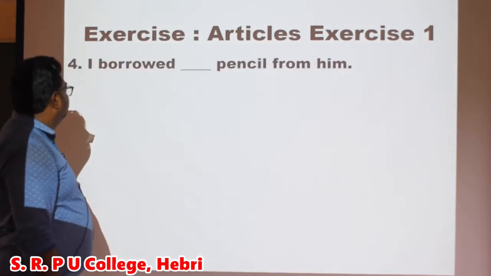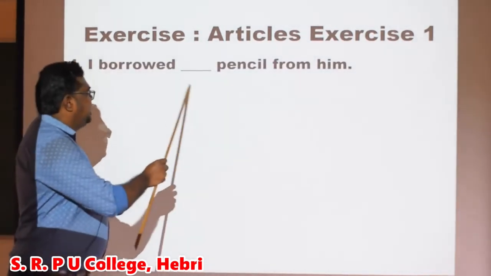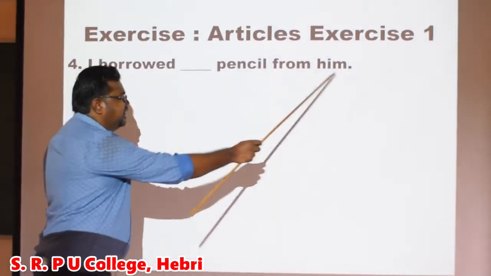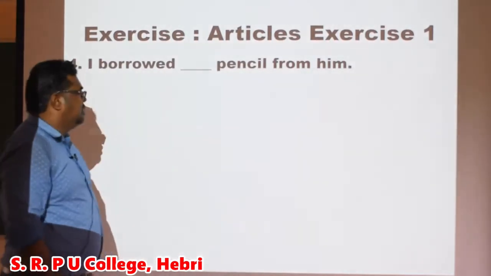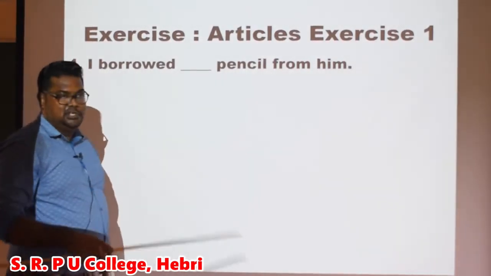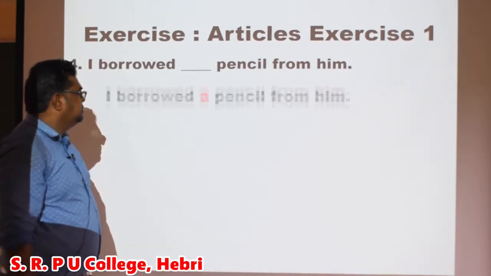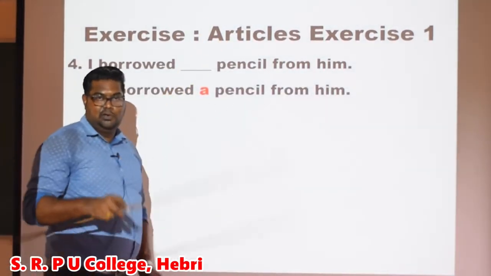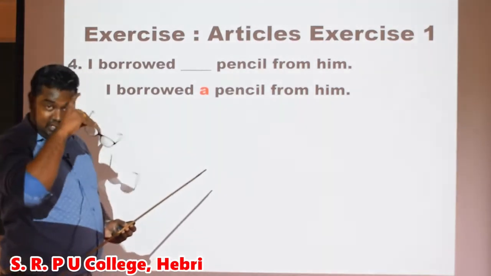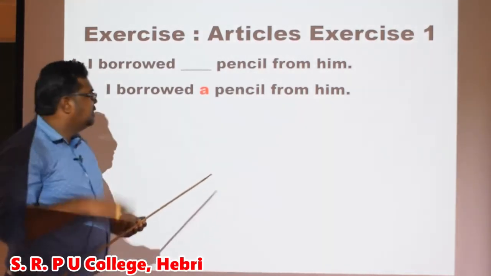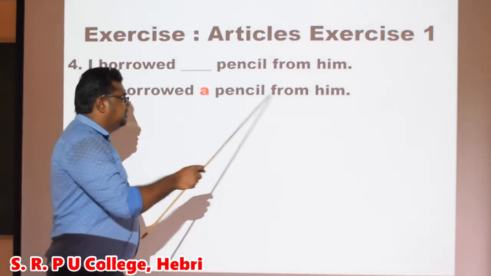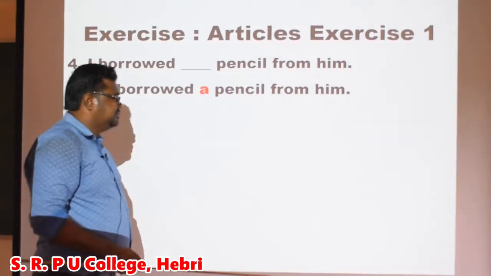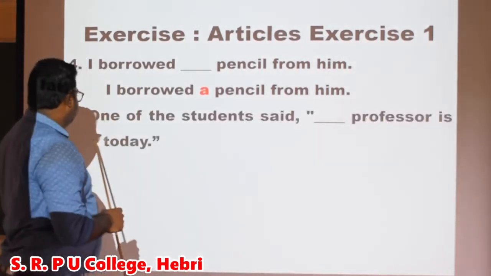Next exercise, I borrowed dash pencil from him. So what is the answer? I borrowed a pencil, means one. You know, a or an is also used in the sense of one. I borrowed a pencil from him. That is the answer.